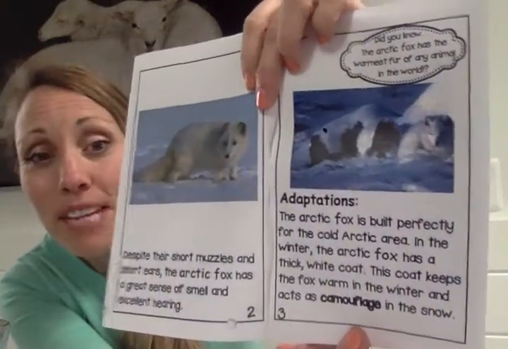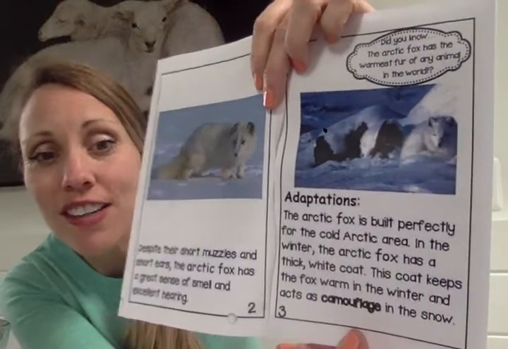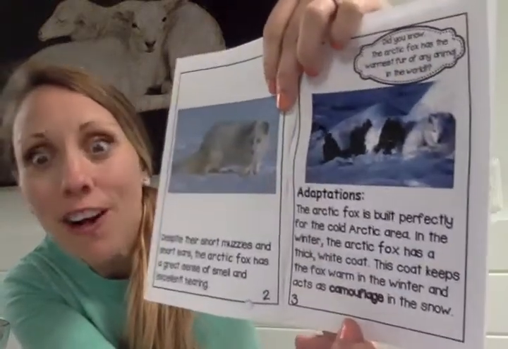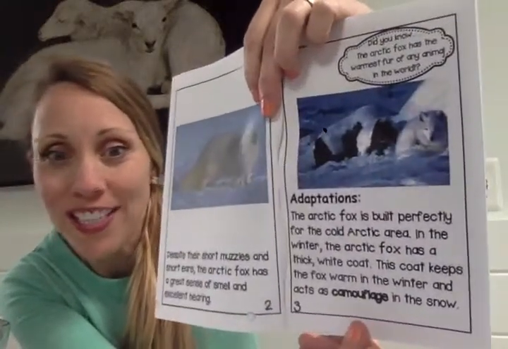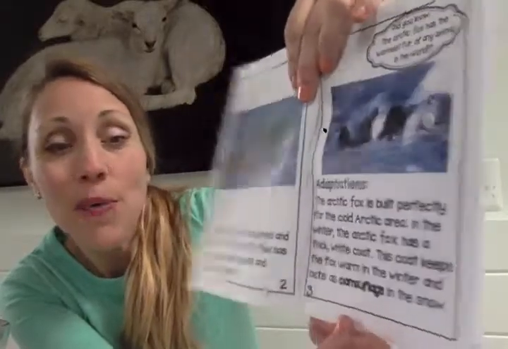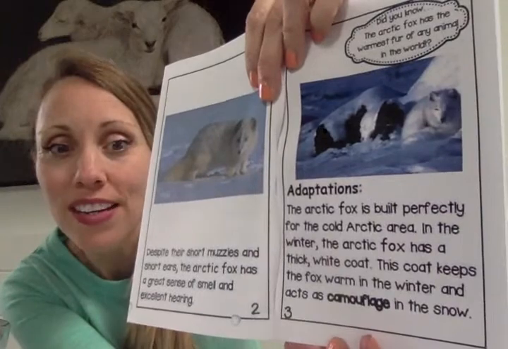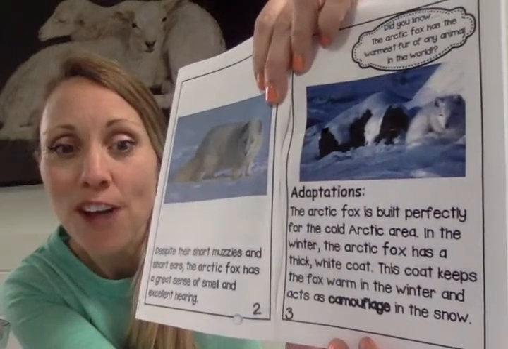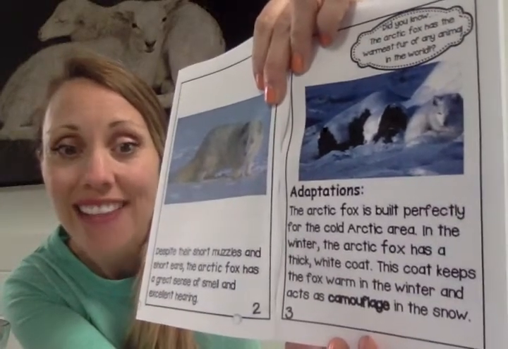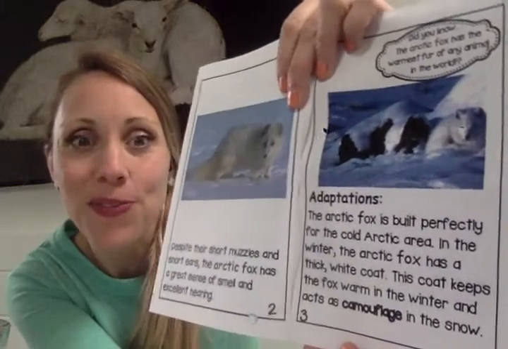Adaptations. The Arctic fox is built perfectly for the cold Arctic area. In the winter, the Arctic fox has a thick white coat. This coat keeps the fox warm in the winter and acts as camouflage in the snow. Did you know the Arctic fox has the warmest fur of any animal in the world?